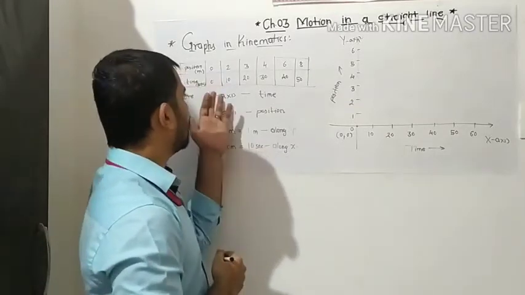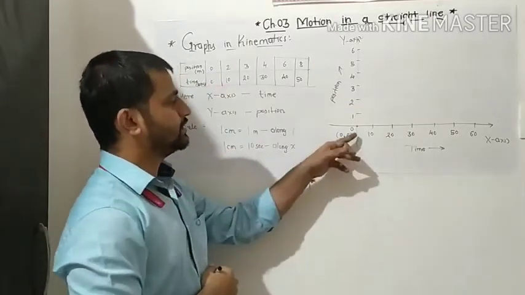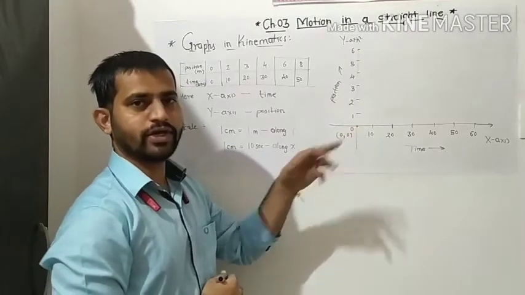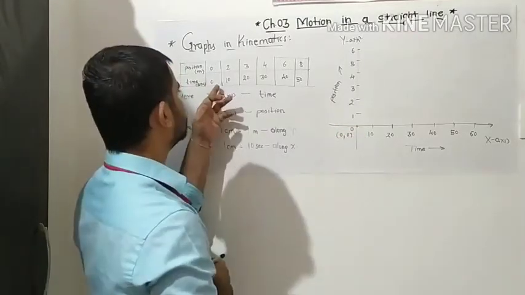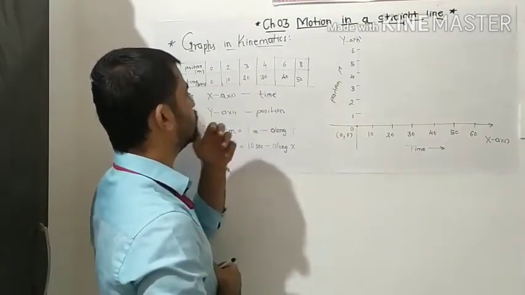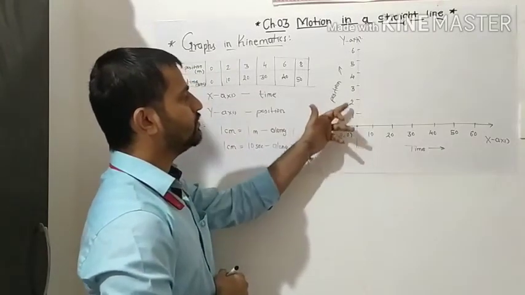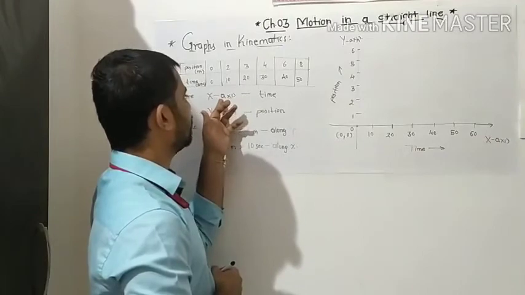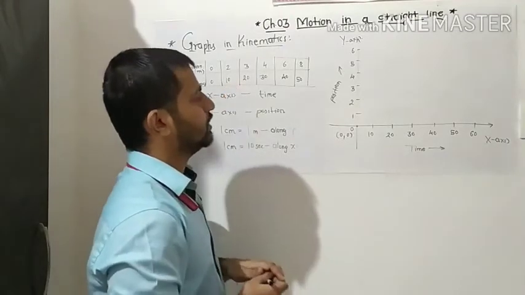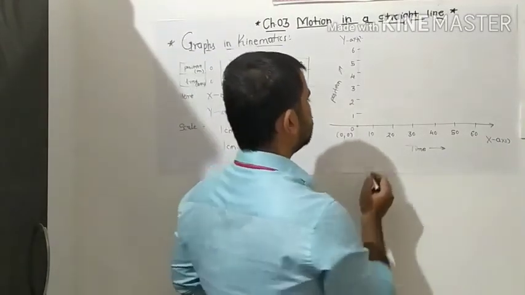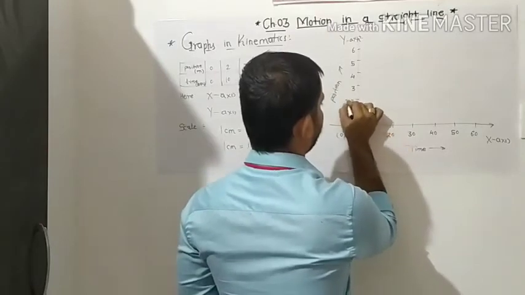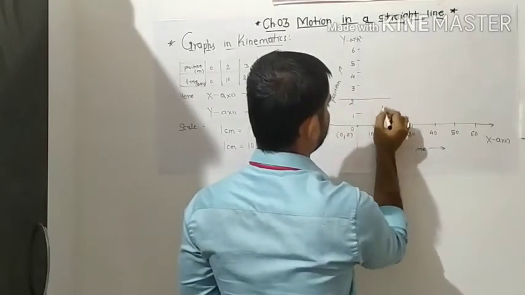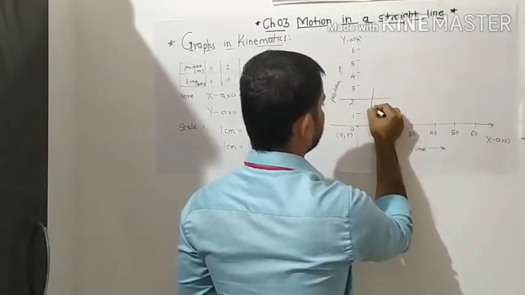The first point is 0, 0. Then the second point: the position is 2 at y equal to 2, and the position on the x is 10. So draw a line perpendicular from this 2, and also draw a line perpendicular from this 10.